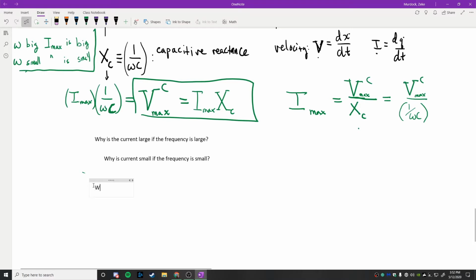Let me ask this question. What would the frequency be if it was a DC circuit?